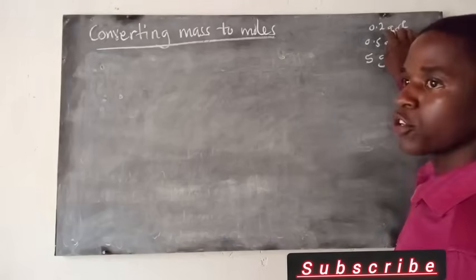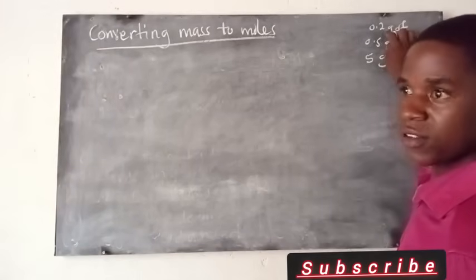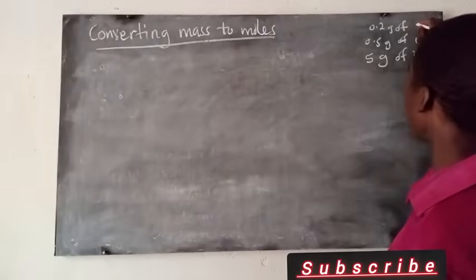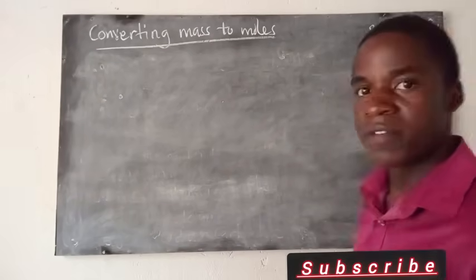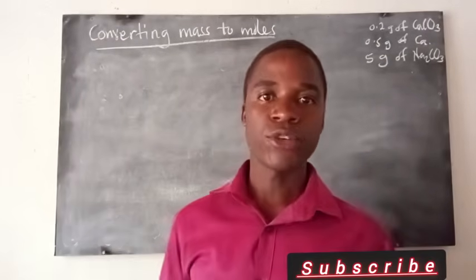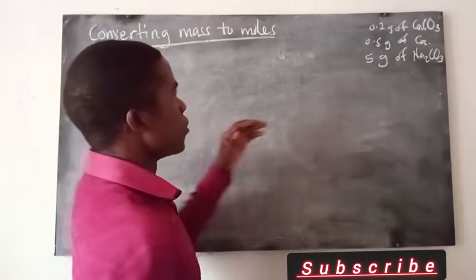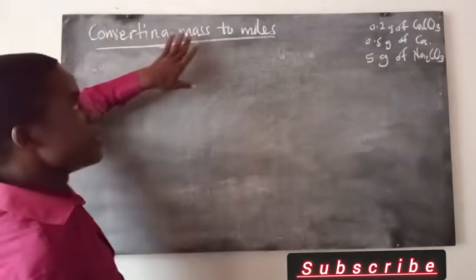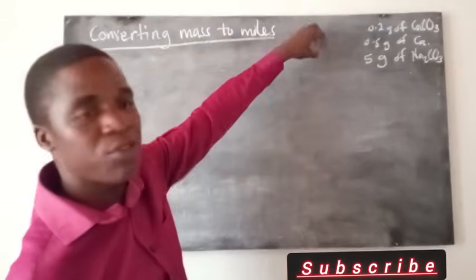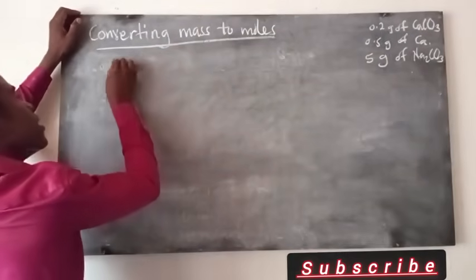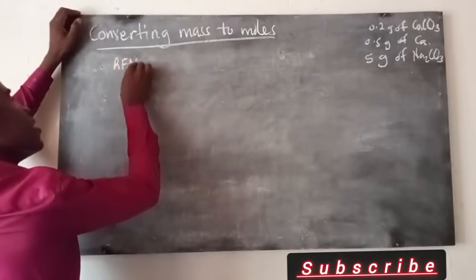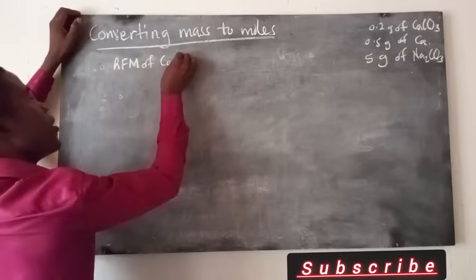We have 0.2 grams of calcium carbonate. If we want to convert the mass to moles, we shall first remember the RFM of calcium carbonate.